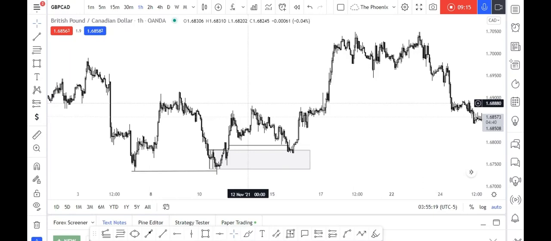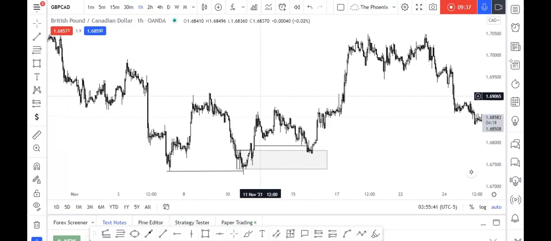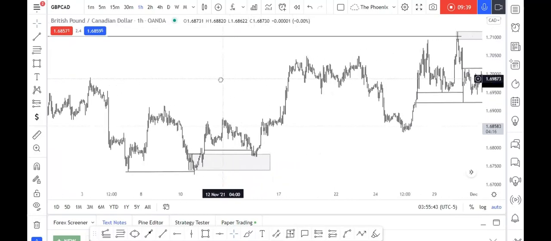What I can do in the next video is show you how to refine those points of entry so that you can get a better risk to reward ratio, and how you can get sniper entries in a sense, and get better entries where it regards to your returns.